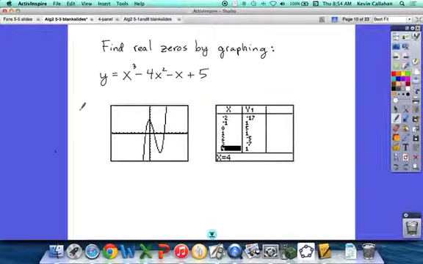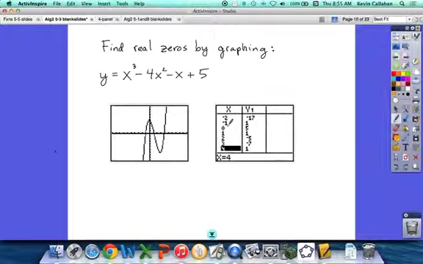So you go to your table of values and you look, and are any of those actually zeros? Do you see any y equals 0 here? No, not a one of those is a 0, right? So we have to learn, well, how can I find what the zero actually is if it doesn't happen to be one of these integer values which automatically shows up in your table of values?